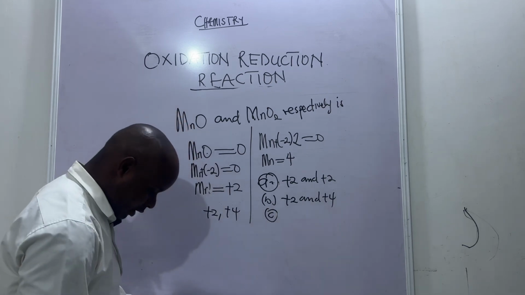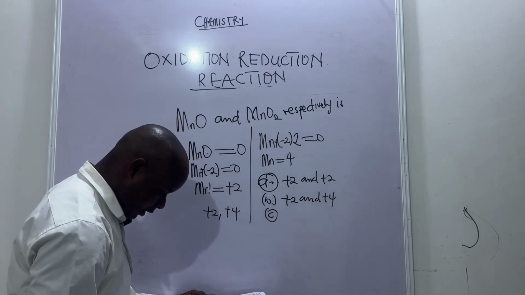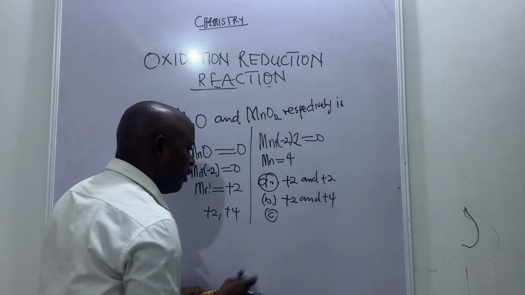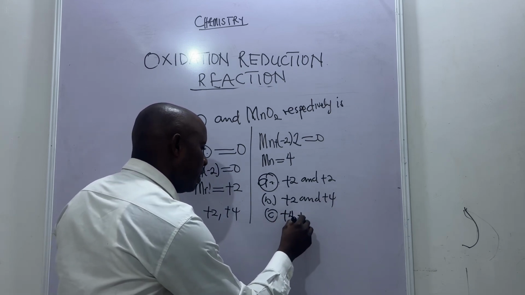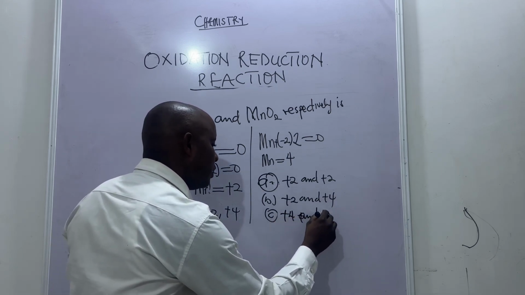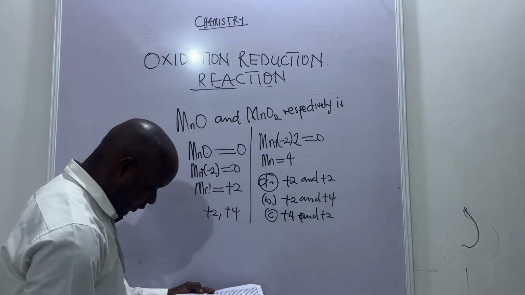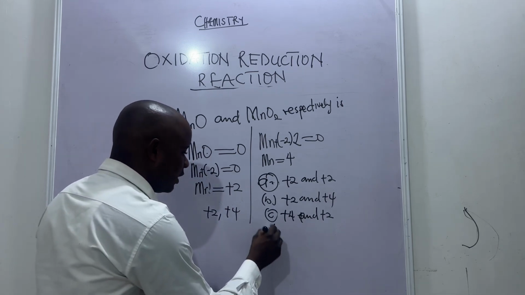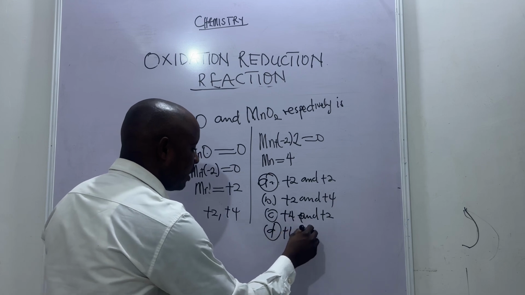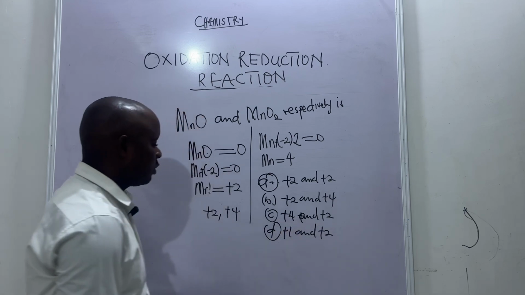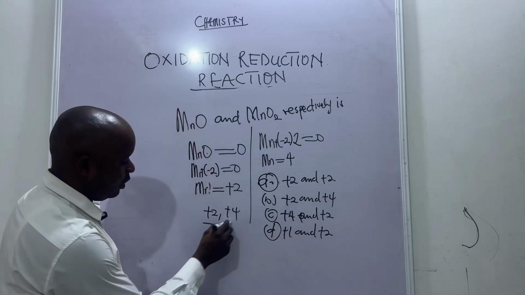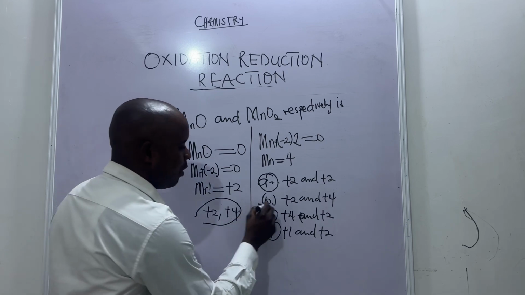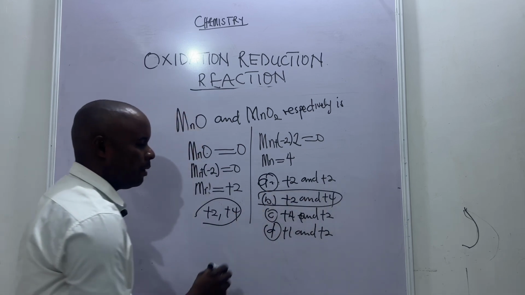C, plus 4 and plus 2. D, plus 1 and plus 2. From our calculation, we have plus 2 and plus 4, so B is the option.